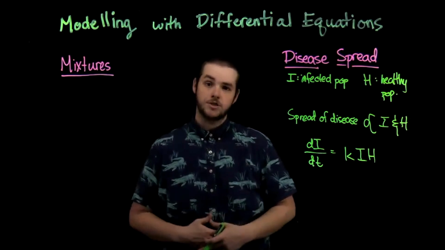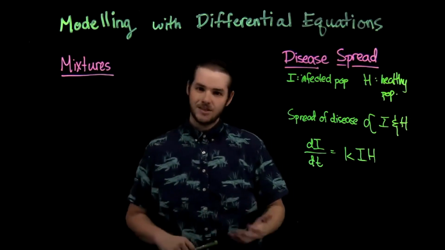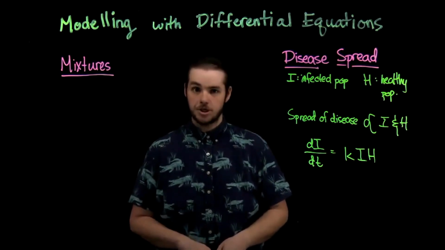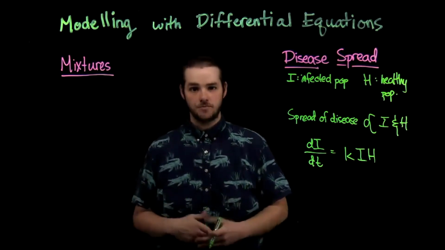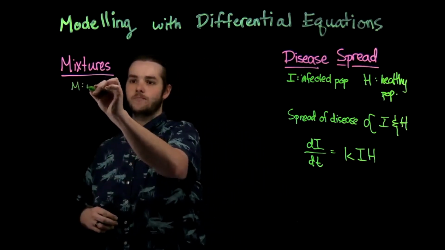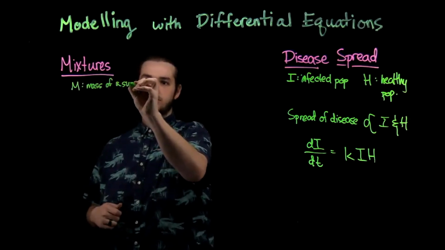An important application space to both chemistry and engineering is mixture problems. And these can be a little tricky to think about because you have to think about them in terms of ratios. Essentially, a mixture problem would involve wanting to keep track of M, the mass of a substance in a mixture.